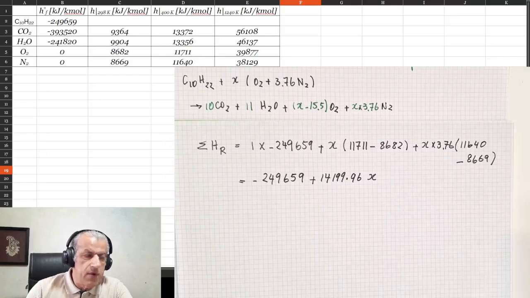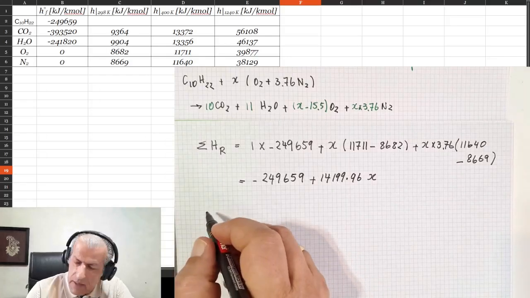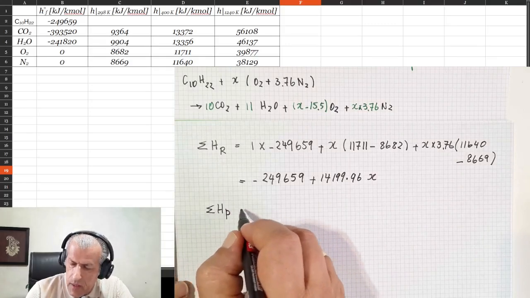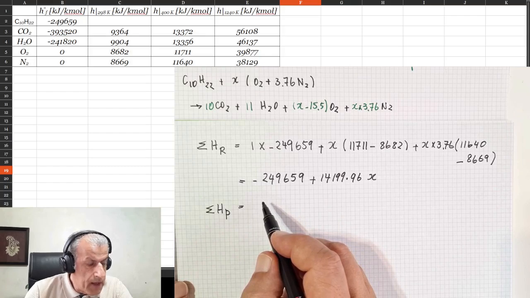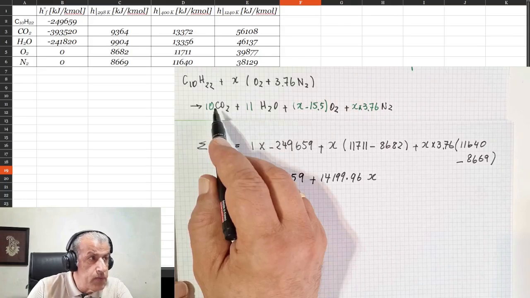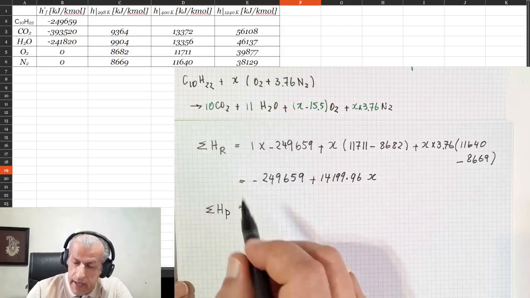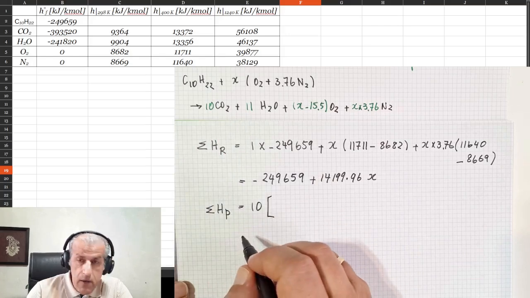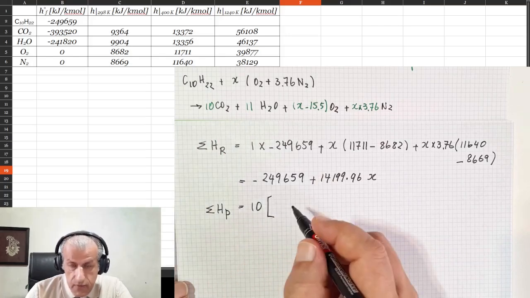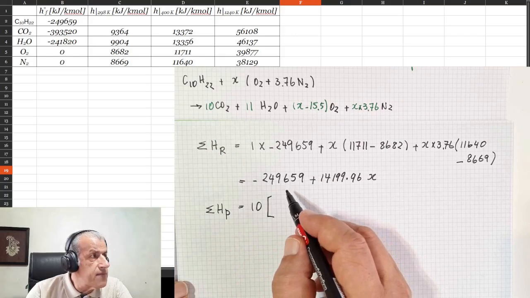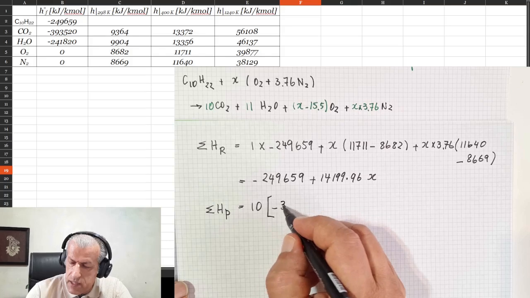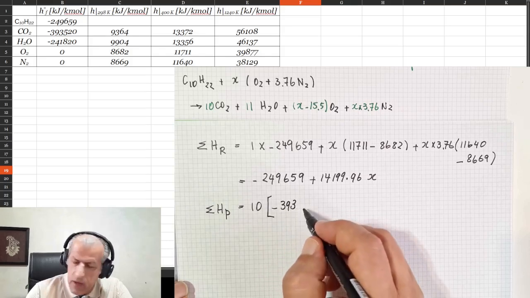As for the enthalpy of products, sigma HP equals, there are 10 moles of CO2 here, and therefore it is 10 times. Now, for CO2, there's an enthalpy of formation, which we have in the table, and it is minus 393,520.